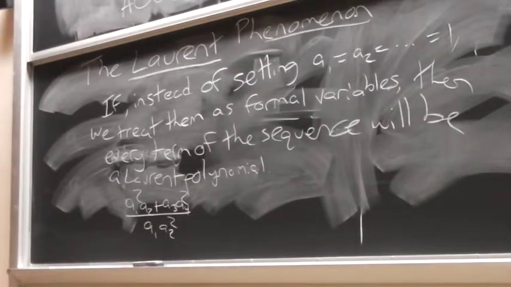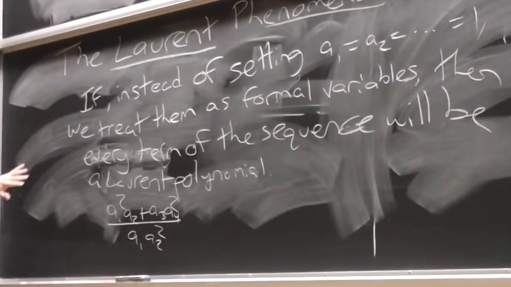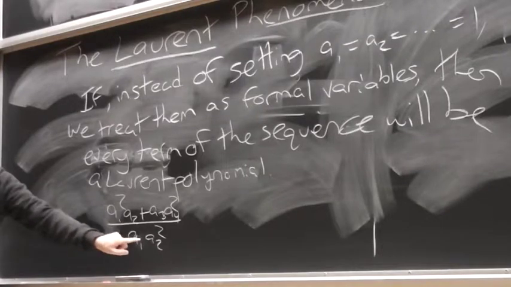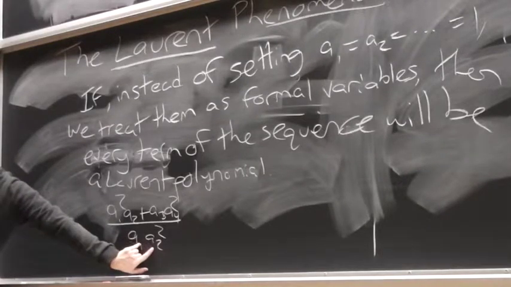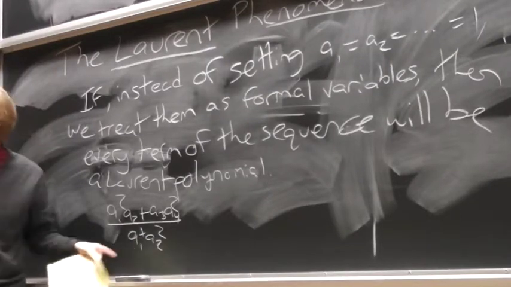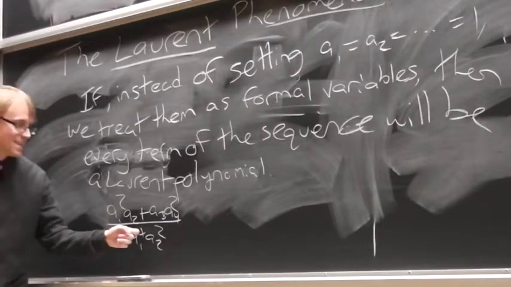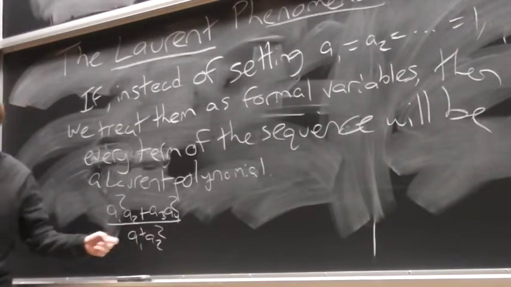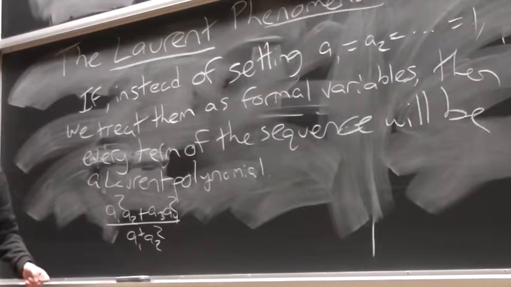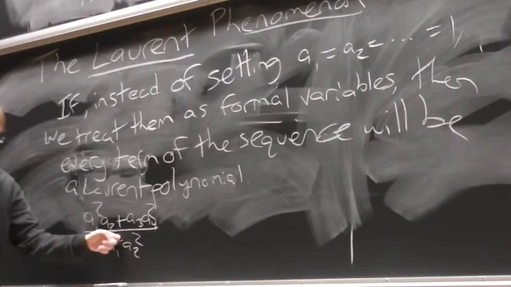This is a completely okay thing to come out in our sequence, because downstairs is just a monomial. A Laurent polynomial is a polynomial divided by a monomial. But when we have this plus sign here, this doesn't work anymore.